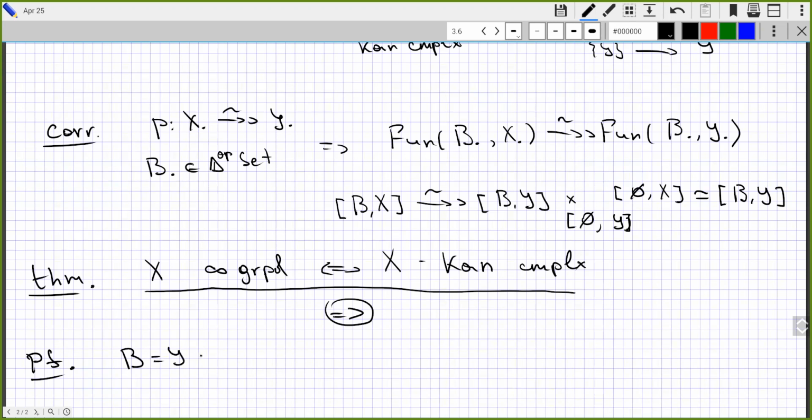We take our simplicial sets to be like this.